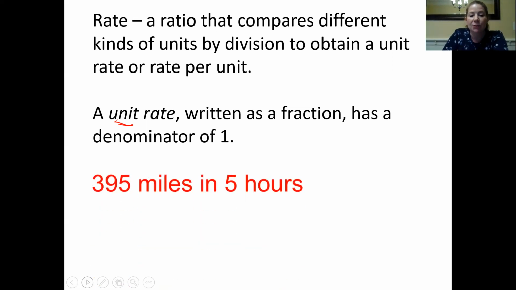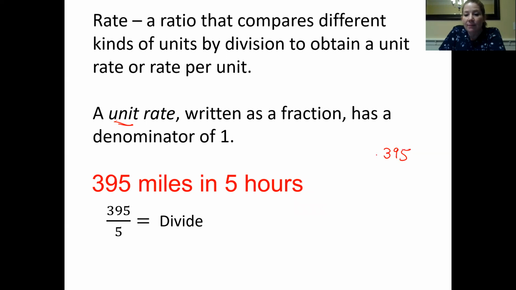So what if I was traveling 395 miles in 5 hours? Well, you can write it as a fraction. If we're going to travel 395 miles in 5 hours, we would divide 395 by 5. I would say that I am traveling, oh, I'm actually speeding.